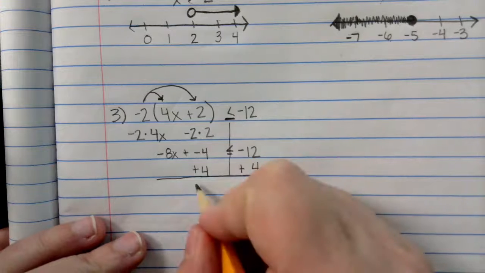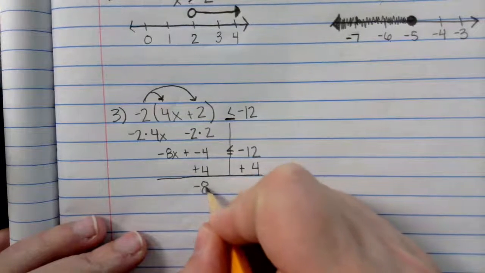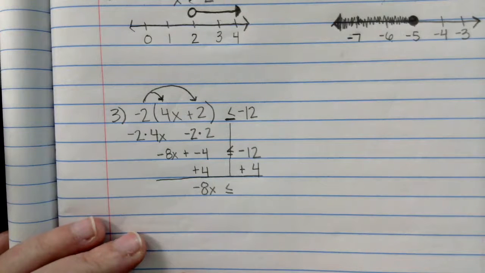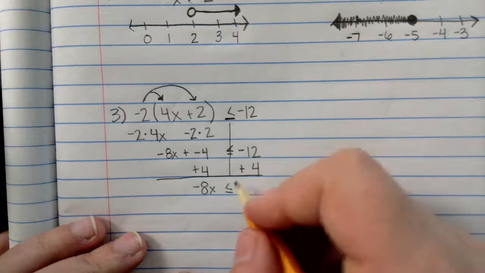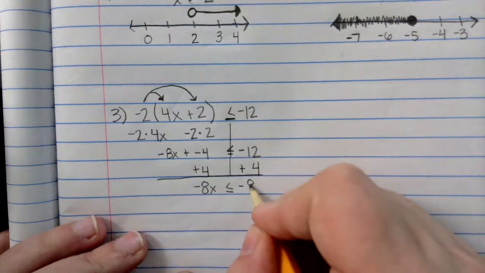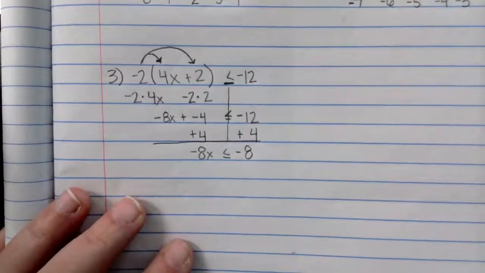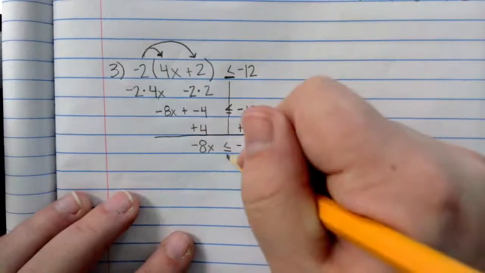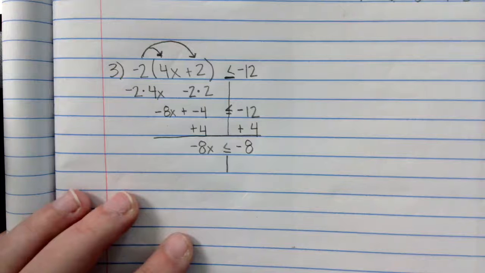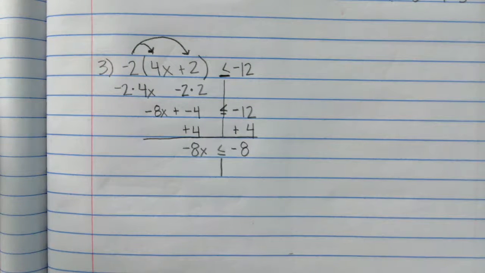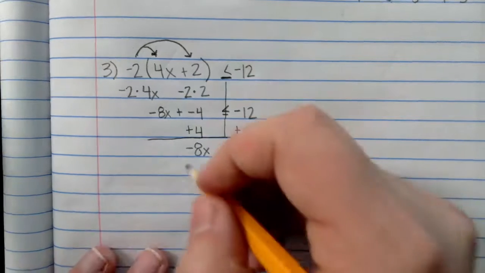So we get -8x is less than or equal to -12 plus 4, which is -8. We still don't have x completely by itself yet, so we still need to keep solving. How are we going to undo multiplying by -8? Divide.